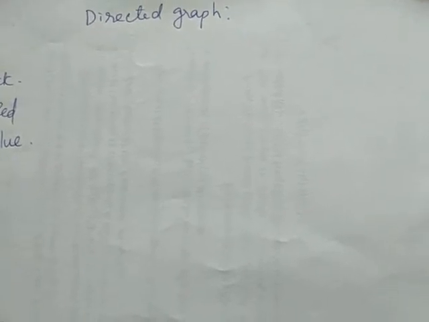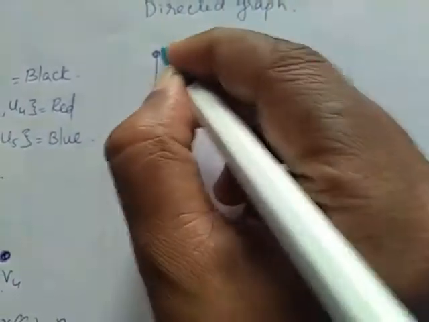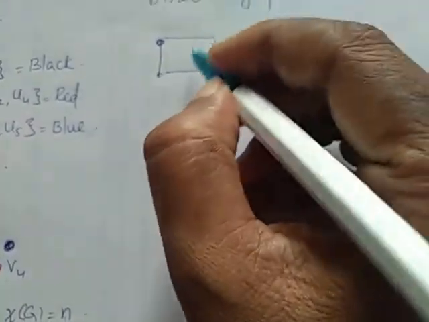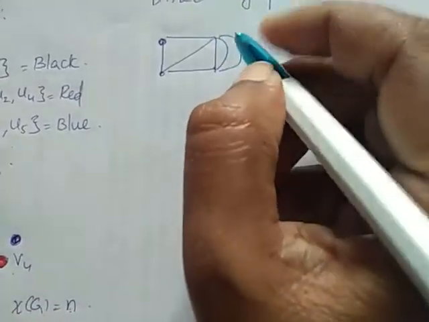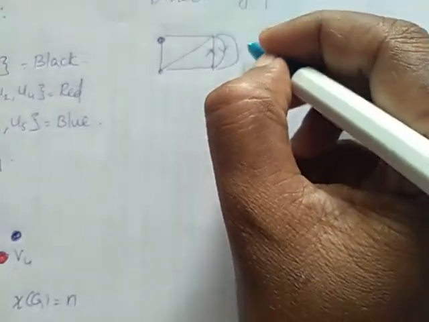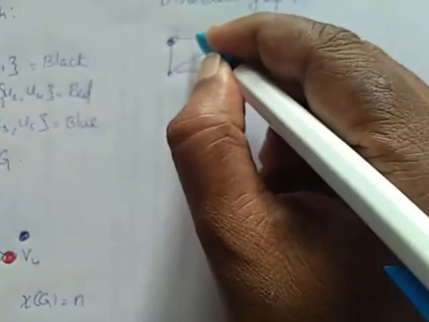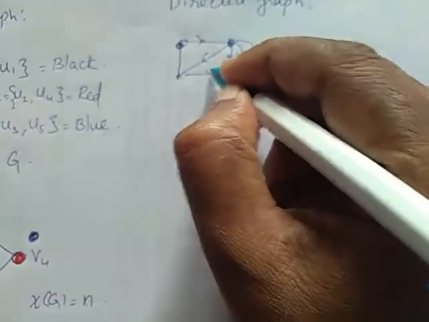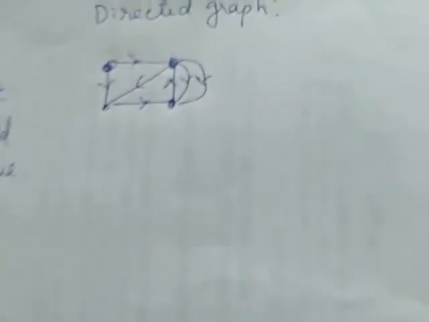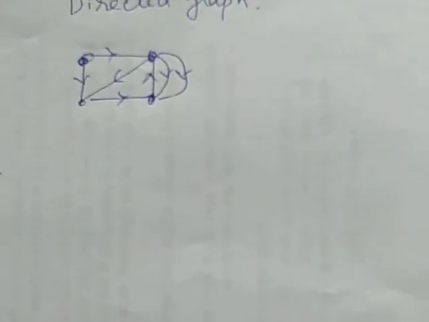Such a graph we call a directed graph. Here, for example, this graph is a directed graph.